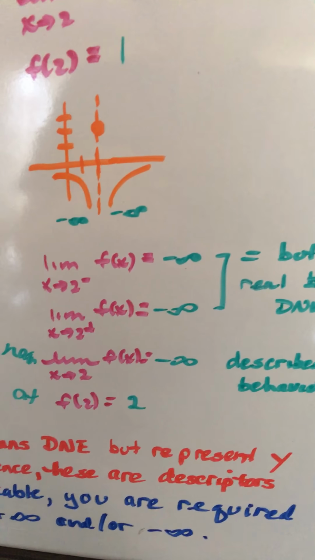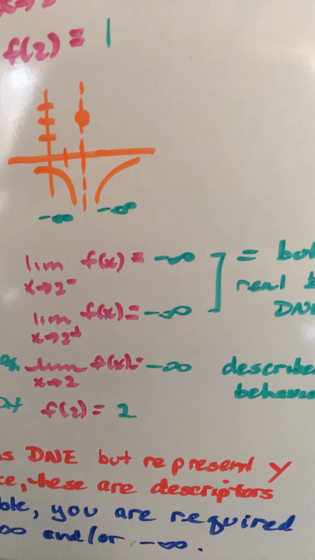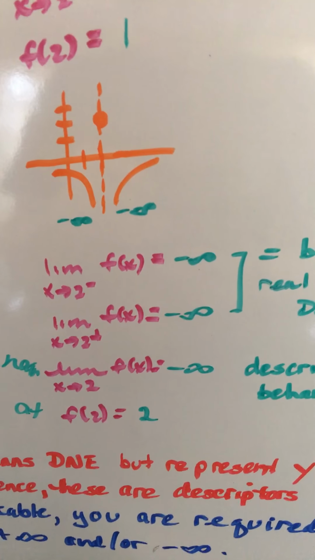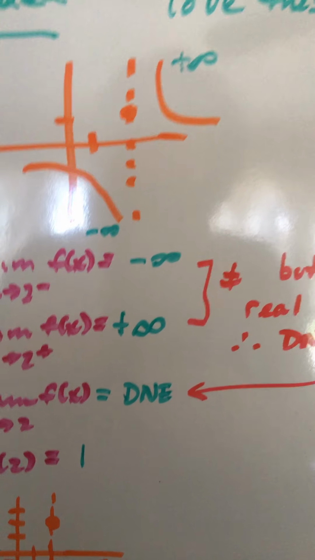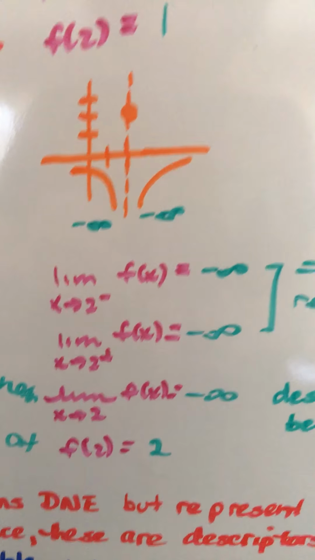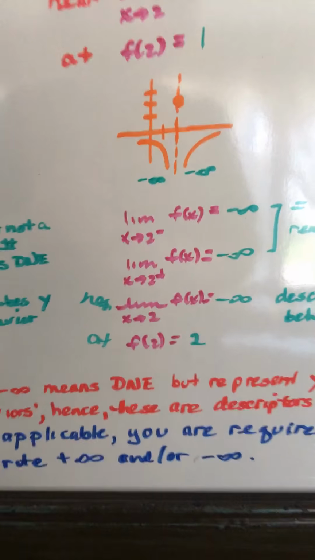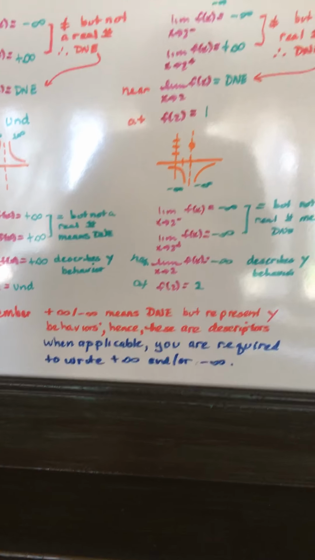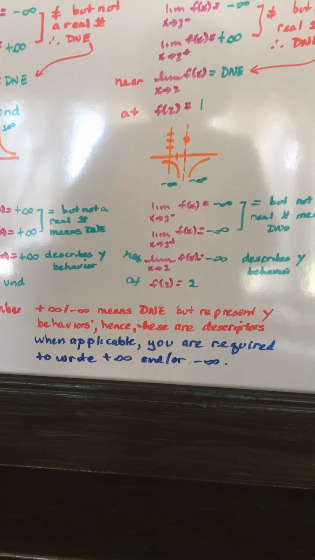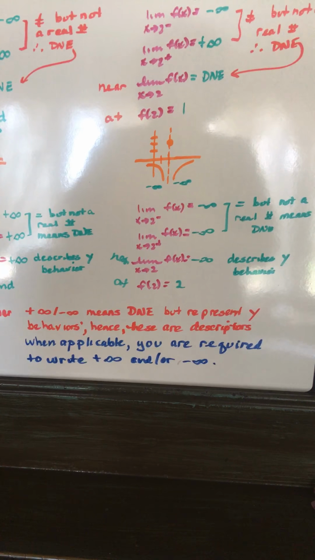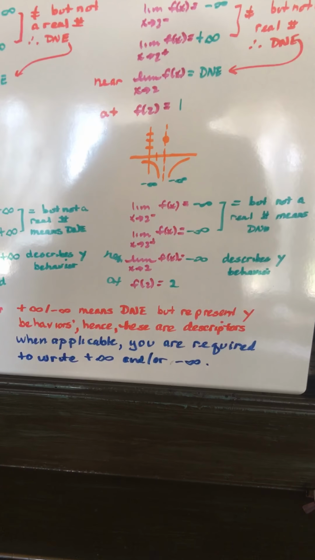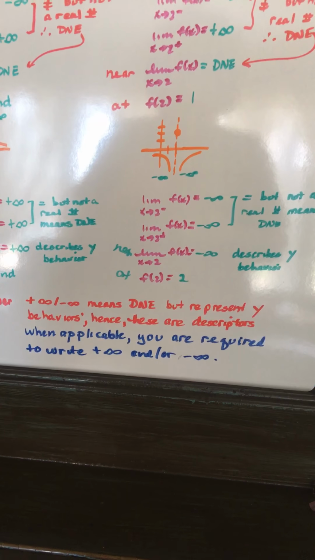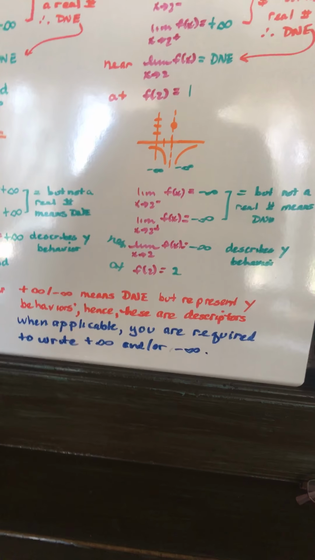Again, if it was multiple choice and does not exist was a selection and negative infinity was a selection, you would have to choose negative infinity. They only use does not exist when the two quantities don't match, like in jumps and when you're going to different infinities. Again, I give you an ordered pair, but it didn't do anything. So remember, plus infinity and minus infinity mean the limit does not exist, but represent y behaviors. Hence, these are descriptors, not actual values. When applicable, you are required to write positive infinity and negative infinity.